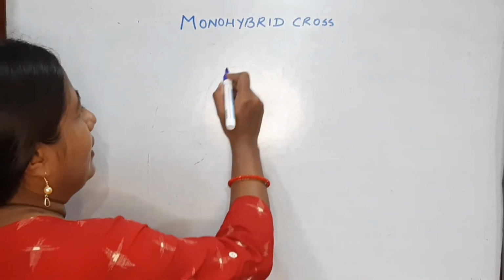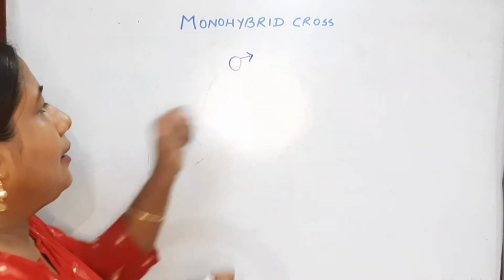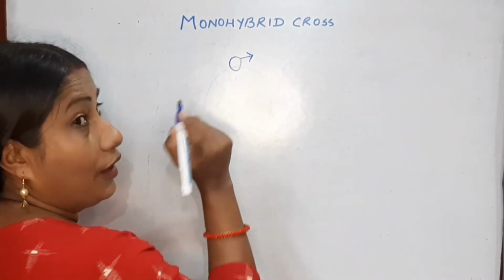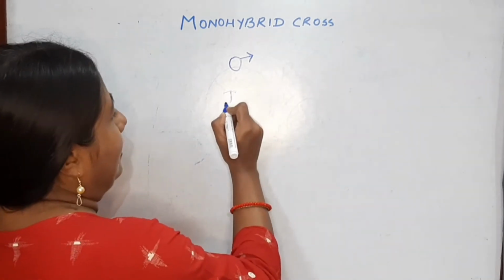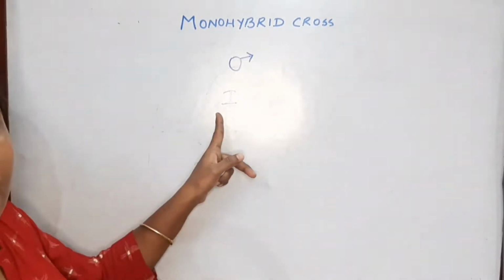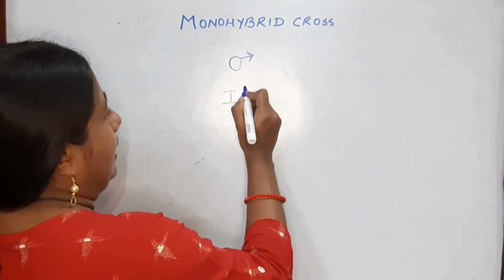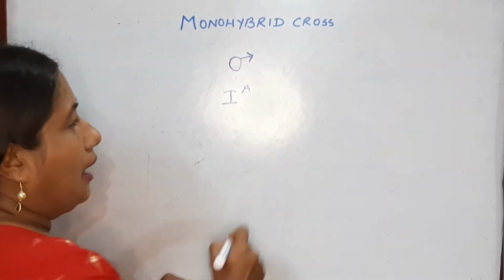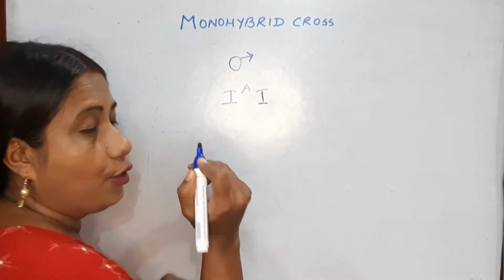Now, I am putting the symbol for man. This is the symbol for a male. The male is of what blood group? A blood group. So, how to write? You can write like this. I stands for immunoglobulin. So, I A. The male is A blood group, right?